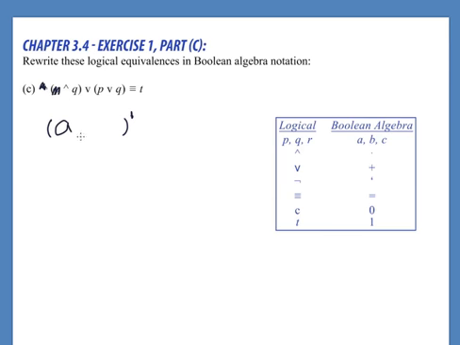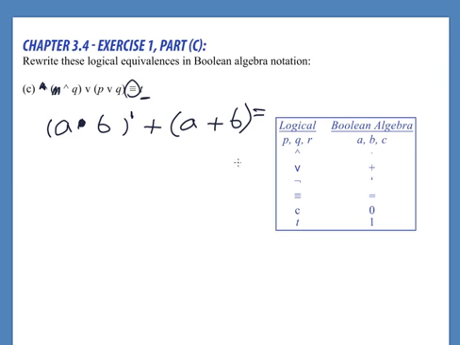The AND is equivalent to a dot. And the Q is equivalent to a B. And the OR sign is equivalent to plus. And then another parentheses, P is equivalent to A. The OR sign is equivalent to plus sign. Q is equivalent to B. Close the parentheses. This is equal to the equal sign.